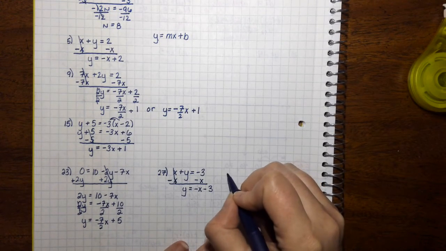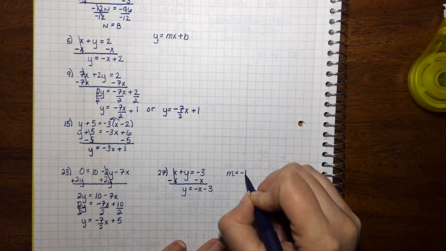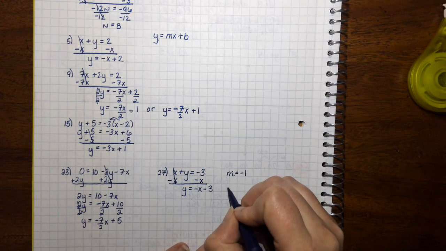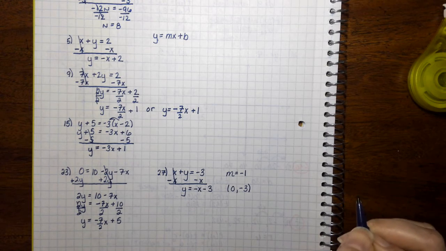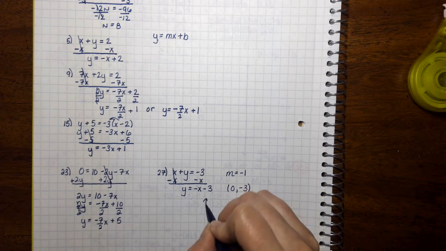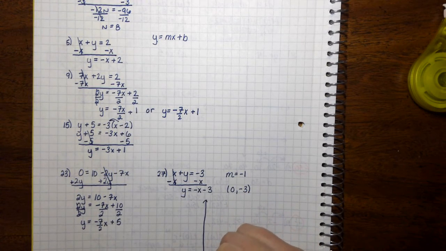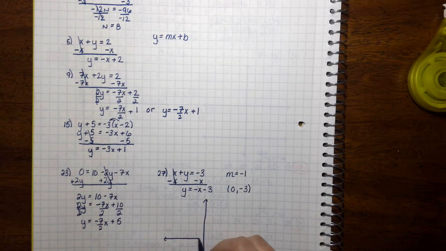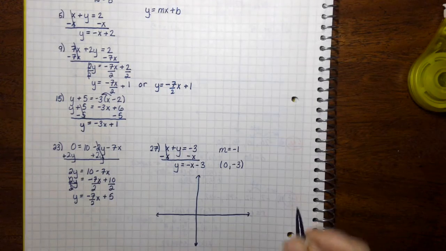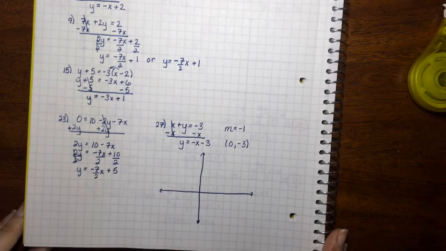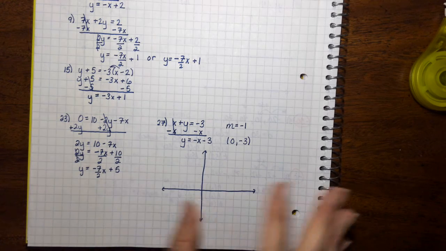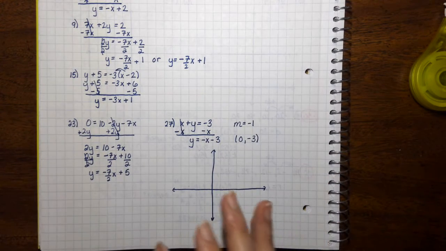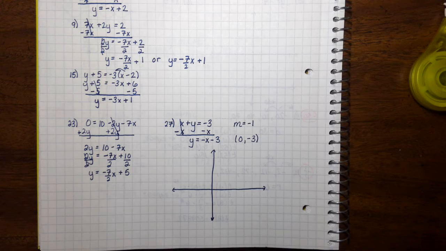Okay, what is this telling me? I have a slope of negative 1 and a y-intercept of 0, negative 3. Okay, how do we graph that? Hopefully you guys remember. Okay, so we're going to start by going down 3.